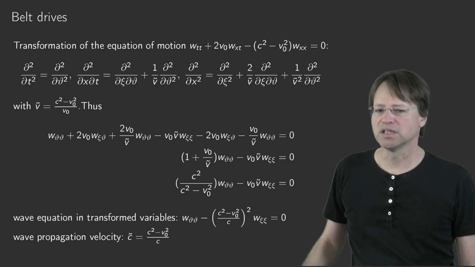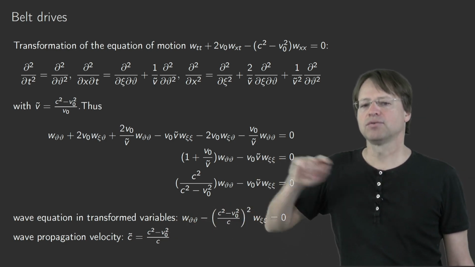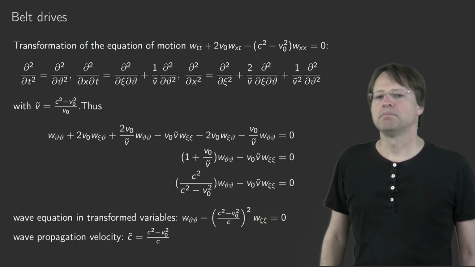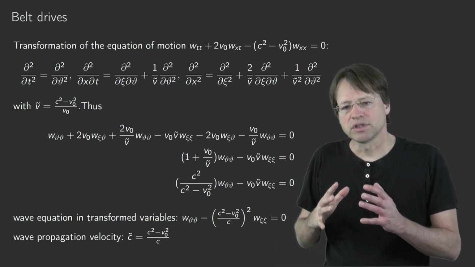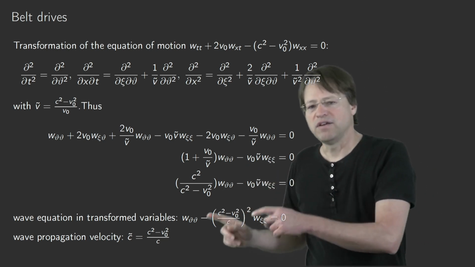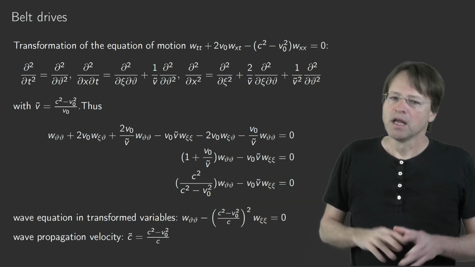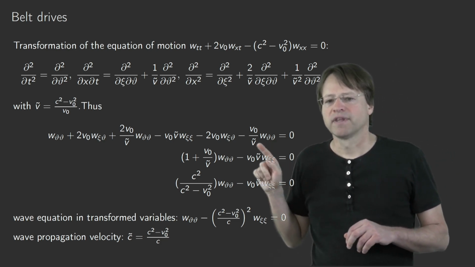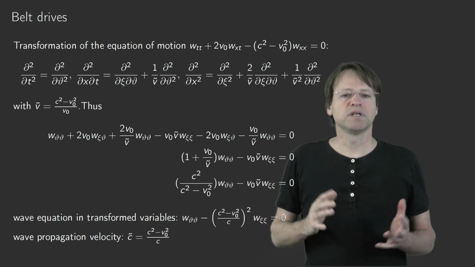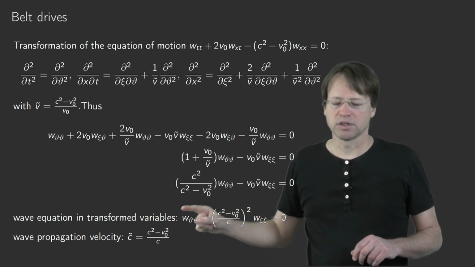And what you can see is already here the influence of the belt velocity. So you can see that the belt velocity reduces the wave propagation velocity. Theoretically, but really theoretically only, that wave propagation velocity could become negative if v naught is larger than c.